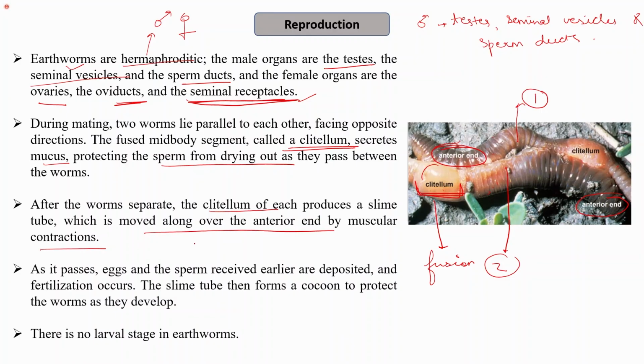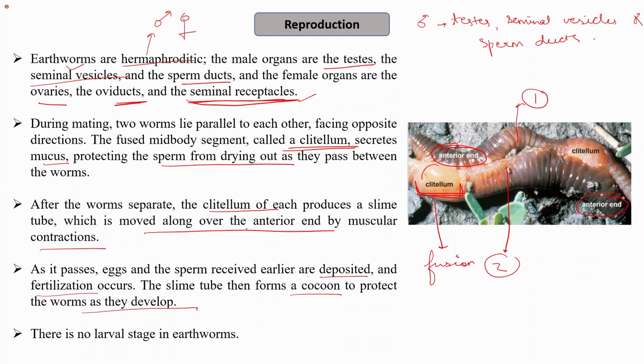As it passes, eggs and the sperm received earlier are deposited and fertilization occurs. The slime tube then forms a cocoon to protect the worms as they develop.